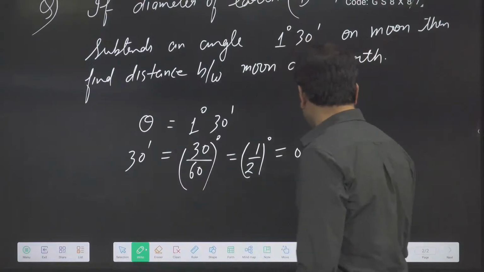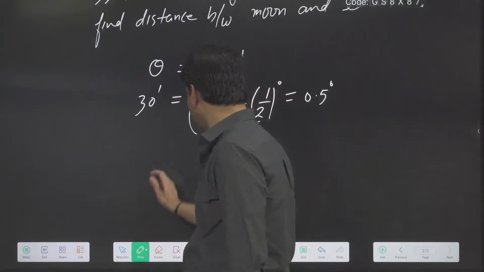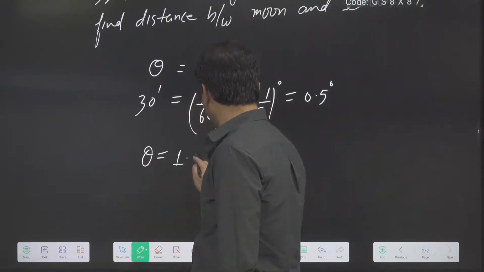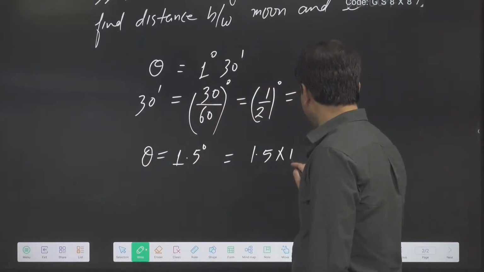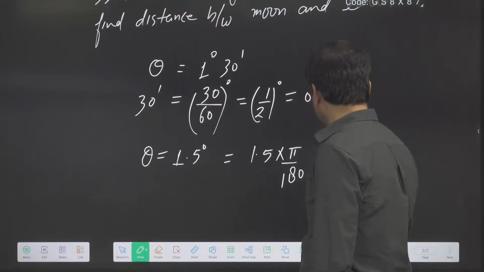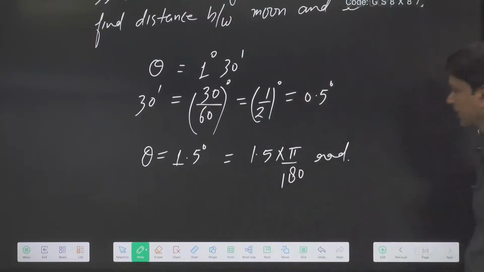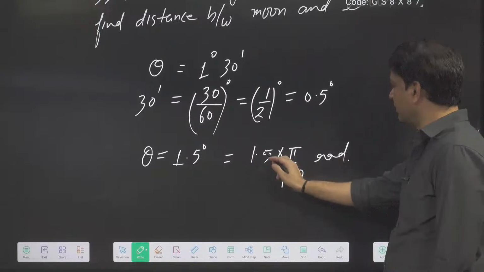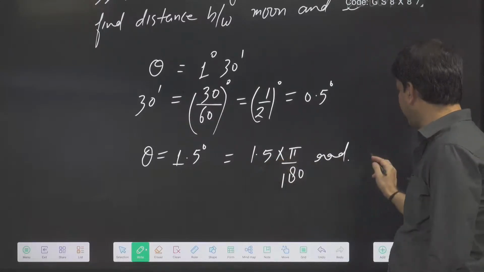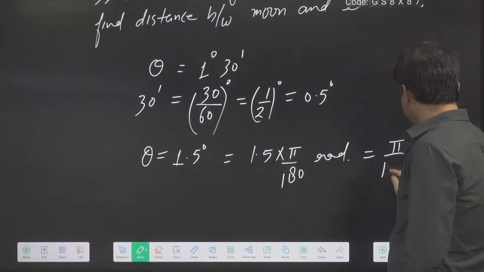Then the total angle theta is 1.5 degree, or 1.5 into pi by 180, then you will get it in radian. So this is 3 by 2, and cancelling, 60, and by 2 means you get pi by 120 radian.